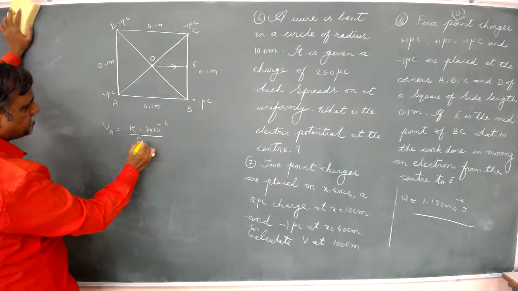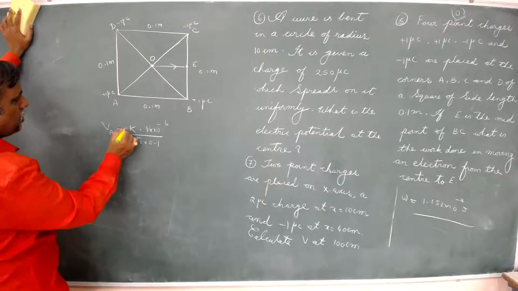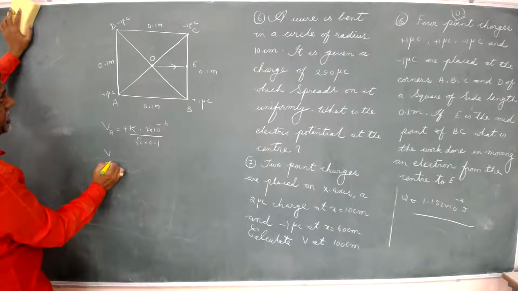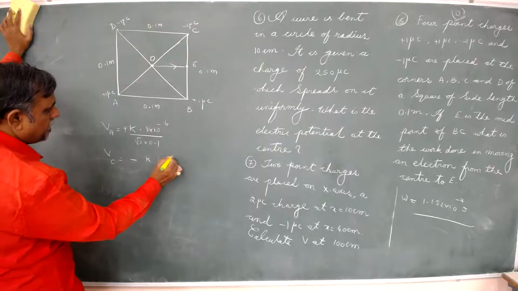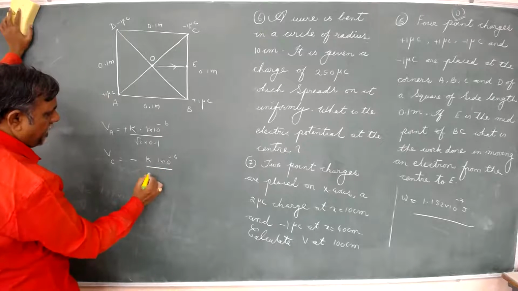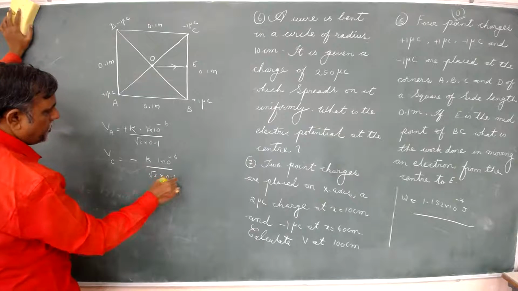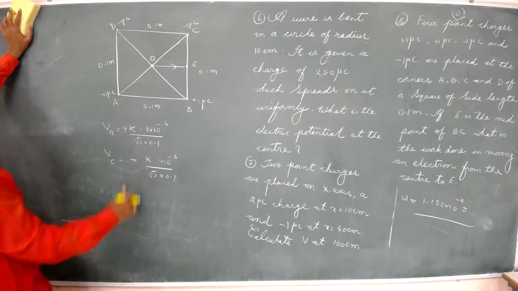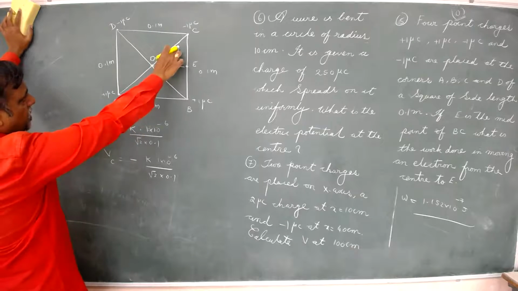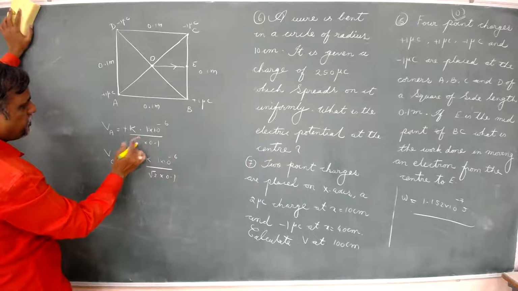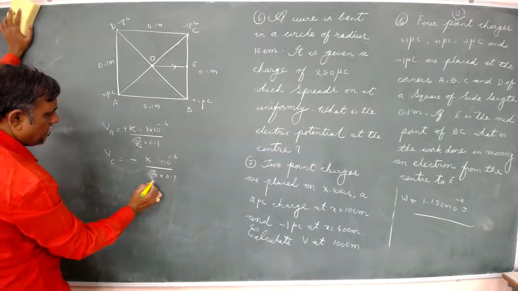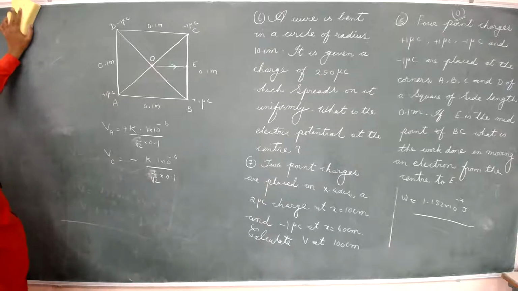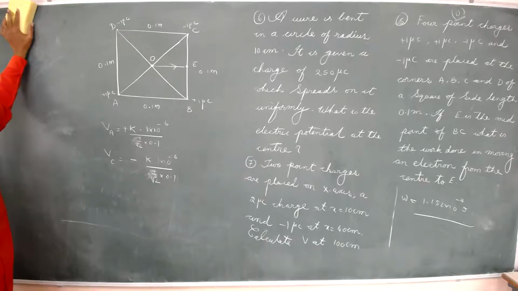This is positive. So the potential due to C is negative K into 1 into 10 power minus 6 divided by root 2 into 0.1, the same distance.